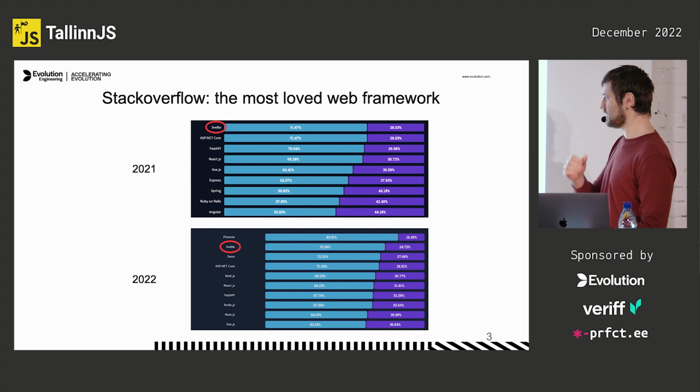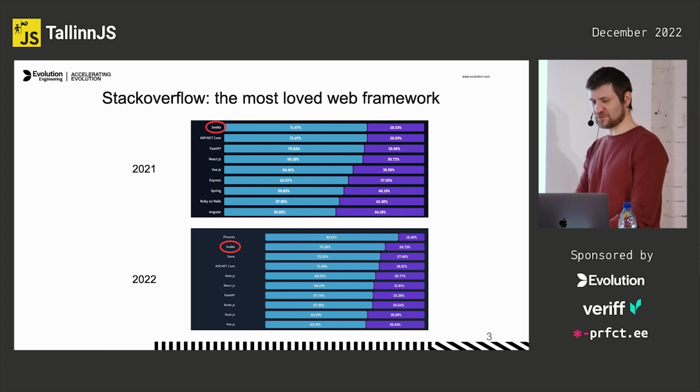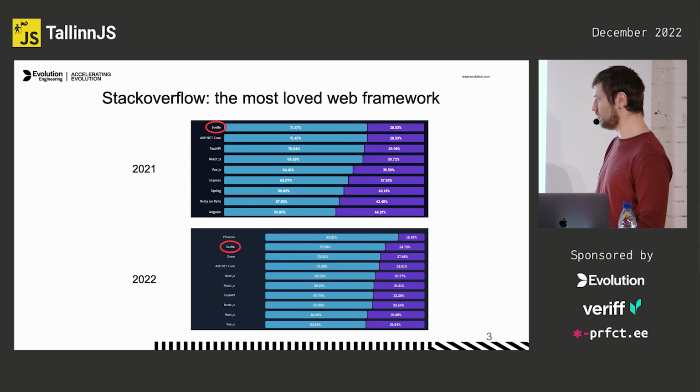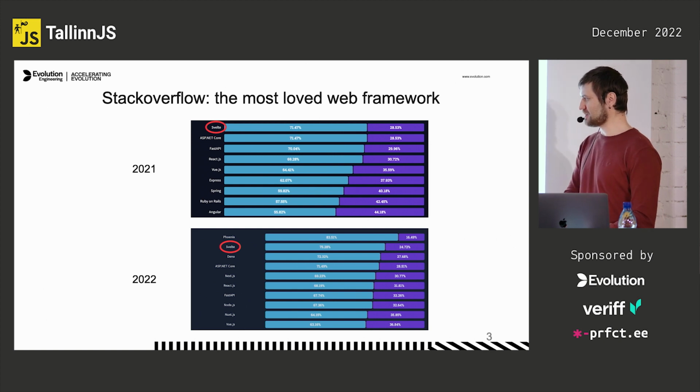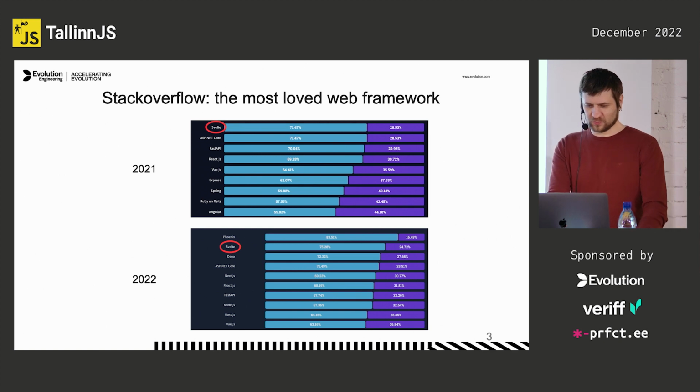This year Svelte is in second place. But I think it's very cool because it's more popular than ASP.NET, for example, and React, also Angular, Vue. I think it's a really good result.